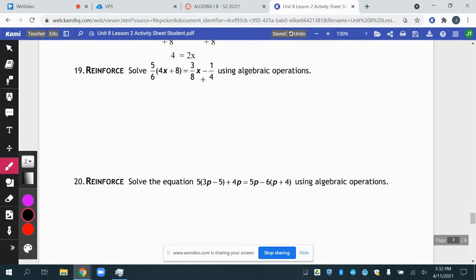Okay, this one right here, I'm noticing that you have 6 and 8 and 4. I want to find something that they all go into. Oh gosh, let's see. 6 and 4 will go into 12. 8 kind of goes into 12 too. I don't know.